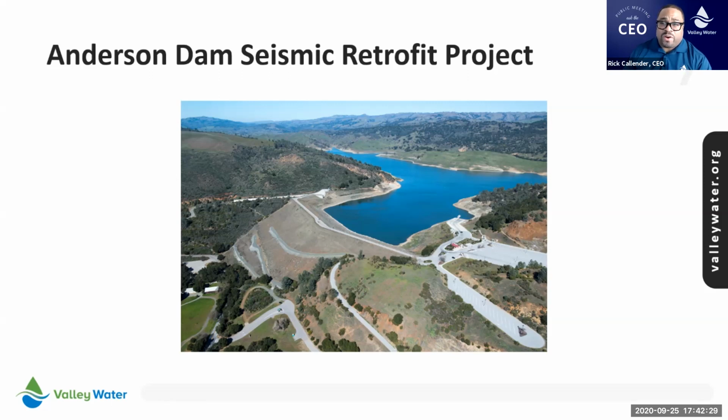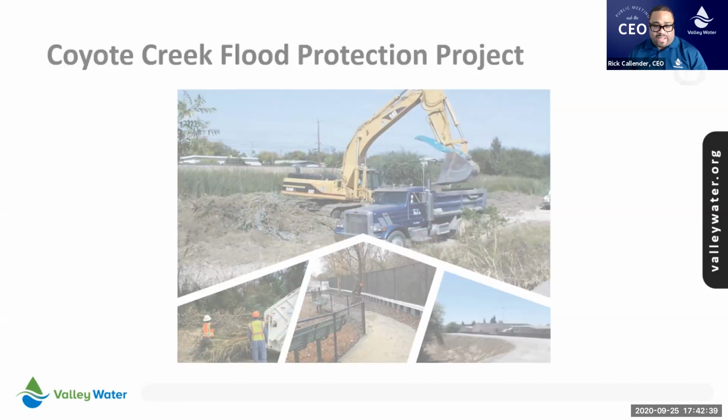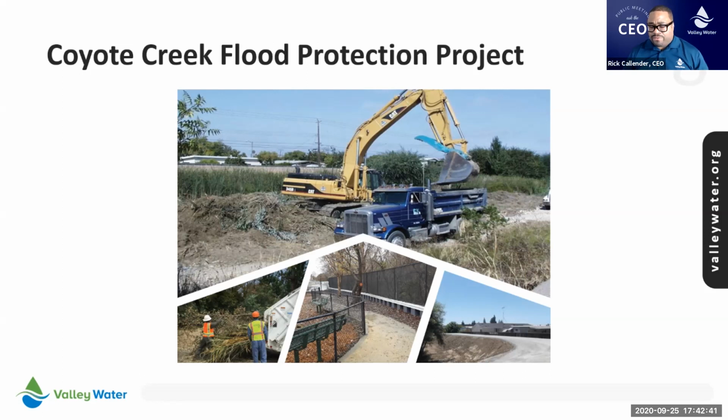And as some of you know, water from Anderson flows to Coyote Creek, which is another one of our highest priorities. And so I wanted to make sure I highlighted this project for myself. I don't live too far from the Rock Springs area, actually about 1.5 miles. I was here in '94, unfortunately, when that area flooded, and I saw it again with my own eyes in 1997.